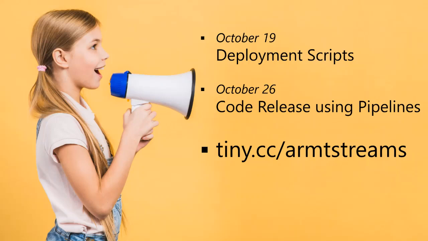Today we talk about nested and linked ARM templates. In a week we talk about something brand new, which is deployment scripts. And then in 2 weeks from now, on October 26th, we will talk about how to release code or manage code in a repository and then release it in a controlled way using pipelines. So definitely make sure you don't miss the 2 upcoming live streams here by just following this link.